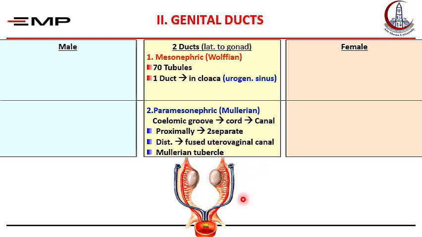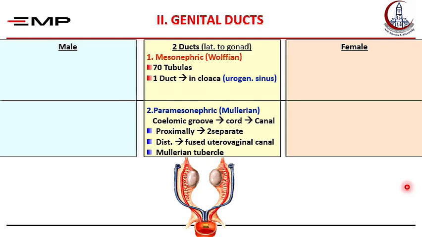So this paramesonephric duct has a proximal part, vertical and horizontal, which is separate on the 2 sides, while the caudal vertical portion unites with its fellow of the opposite side, making one structure, the uterovaginal primordium.